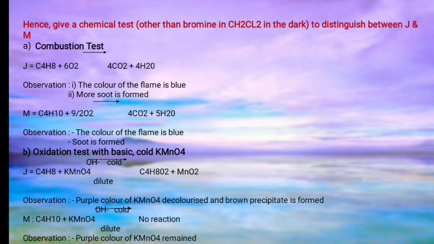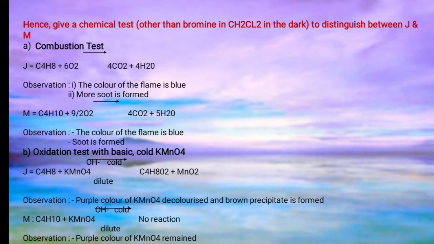Second, we use the oxidation test with basic cold KMnO4. So we use J, C4H8, reacting with basic cold KMnO4, and it will form C4H8O2 and MnO2.